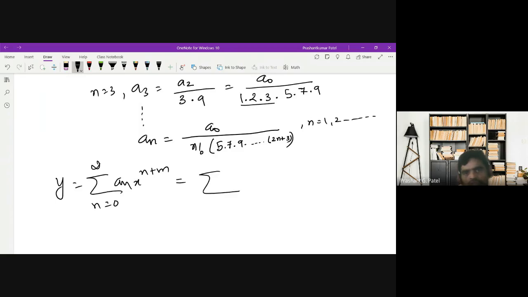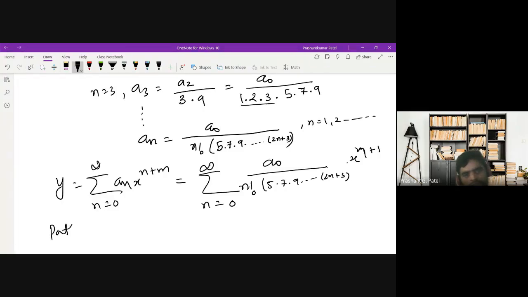If I substitute this value, then the series will be a0 upon n factorial, 5 into 7 into 9 up to 2n plus 3, into x power n plus 1, because m is 1. This expression is true for any value of a0, because it is an arbitrary constant. So in particular, I'm just taking a0 as 1.